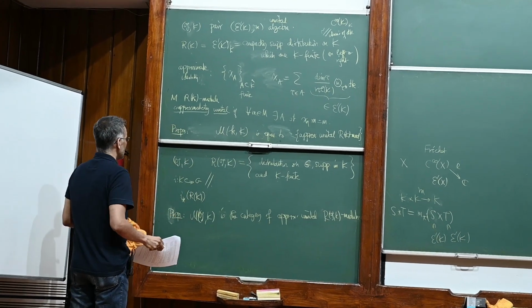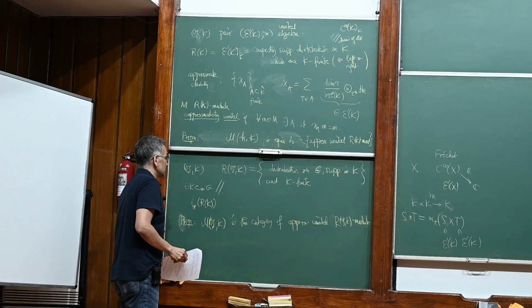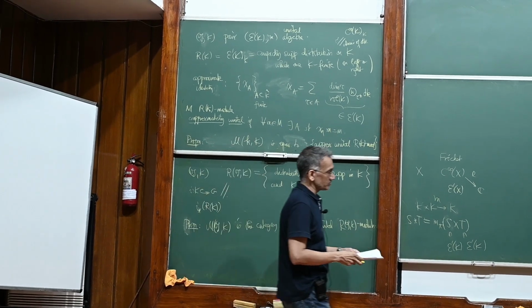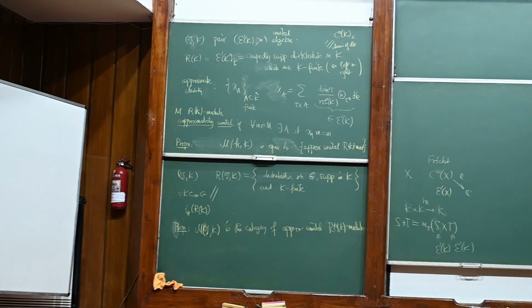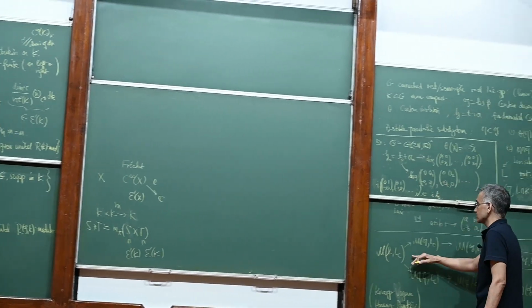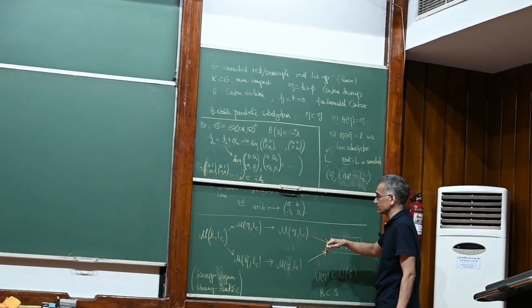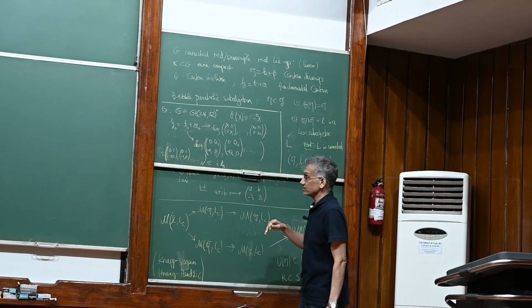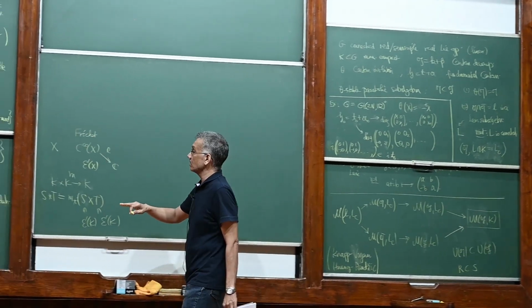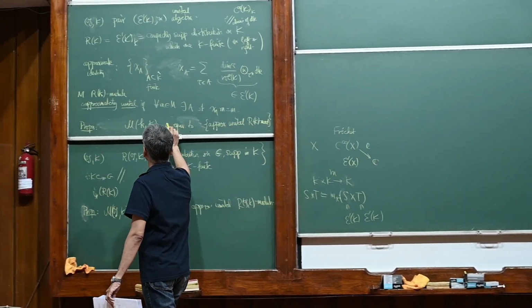Okay. Now there is a slight problem. So this is good. So this is what we sort of wanted. We wanted a module description of the categories involved, so that we can use tensor and Hom functors. There's one problem which I'll mention in a moment.